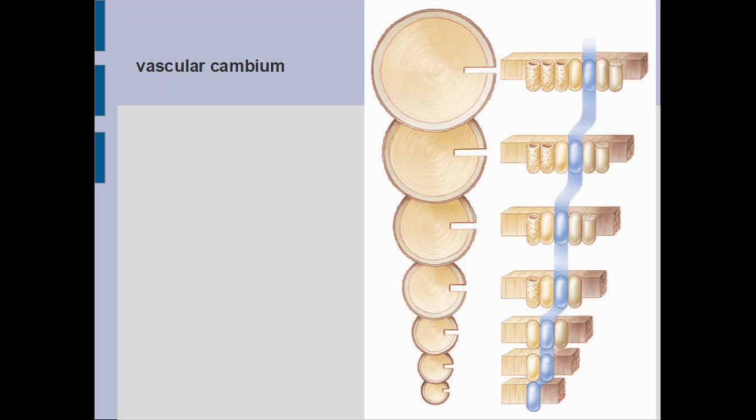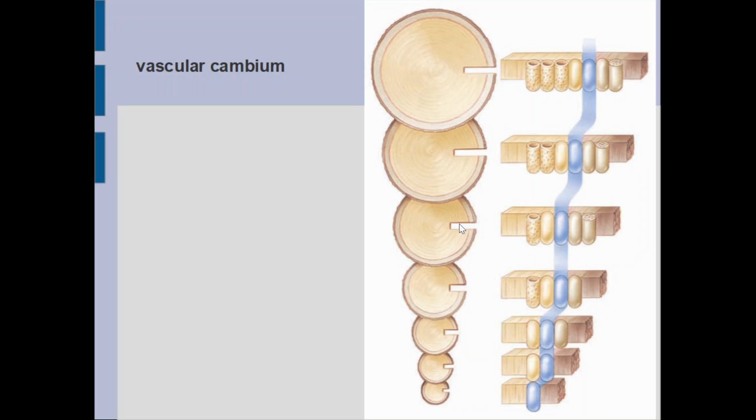So if we look from the top on the cut of the radial view, we will see vascular cambium cells that are dividing. So this in blue are the vascular cambium cells.